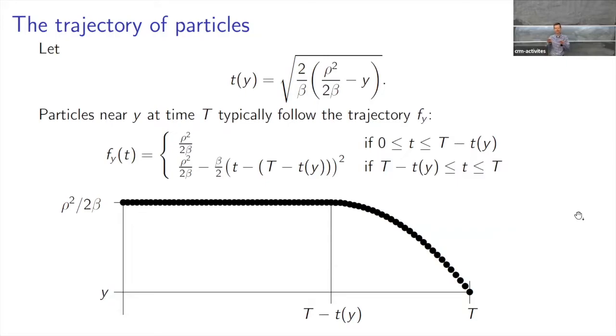And this gives us some useful information about the right scale on which to think about this process. We again see that the fittest particles should be located near rho squared over 2 beta. And also you can see from this expression for t of y that a particle that's close to the origin at time t should be descended from ancestors that are near the right edge, that are near rho squared over 2 beta at time rho over beta. So rho over beta turns out to be the natural time scale on which we want to study this process.